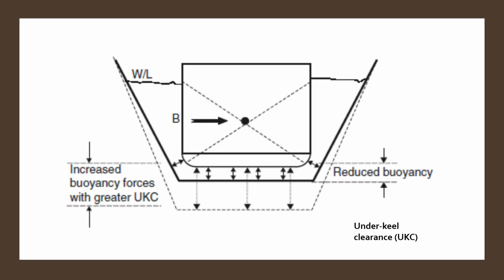So let's get started. So this is what a blockage factor in a canal looks like. The blockage factor is actually caused by the volume of the ship's hull occupying a greater part of the cross-sectional area of a waterway.